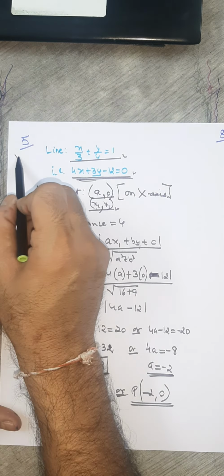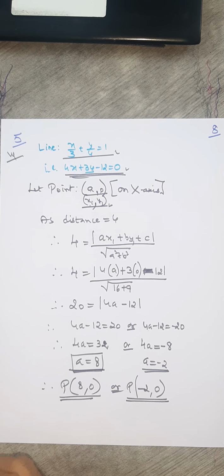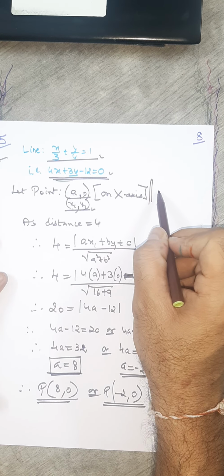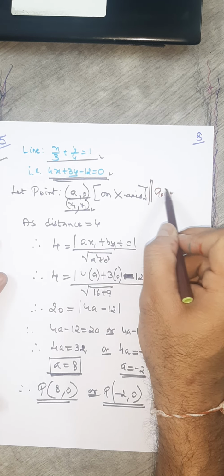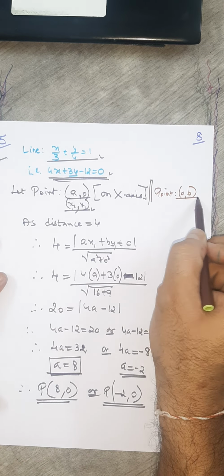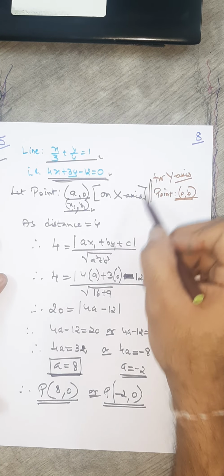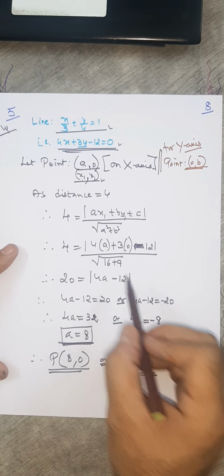Right? This is also a good question. Same way, if you are asked for example about the y-axis, then the same way you can select the point as 0 comma b. On the y-axis, the x coordinate is 0. If you are asked for the y-axis, you can do it like this. I've used simply the formula.